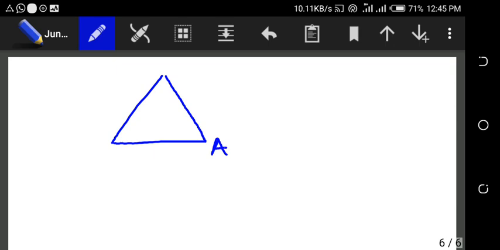Let's say that we have this triangle labeled A, B, and C, such that here is 55 degrees and here is 75 degrees, and then we have here to be 50 degrees.